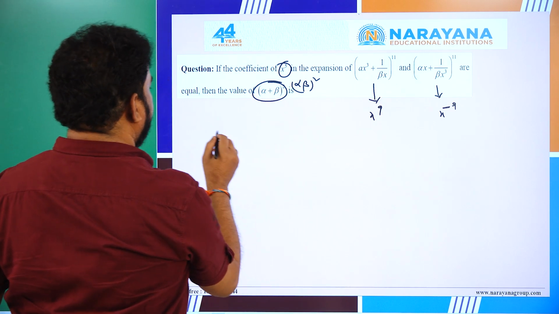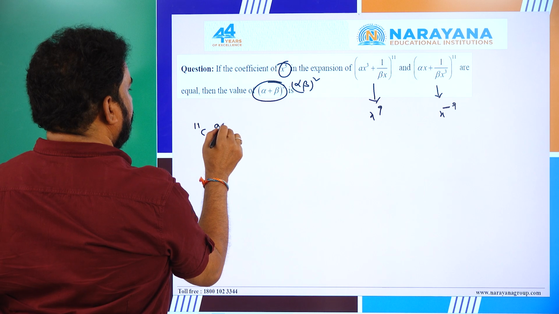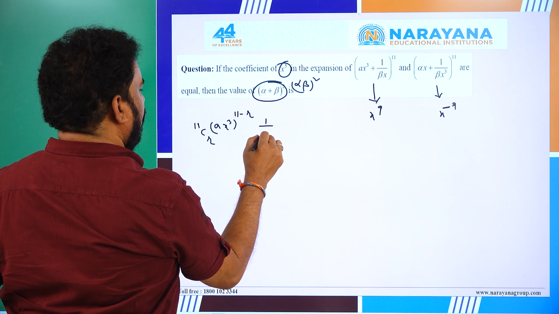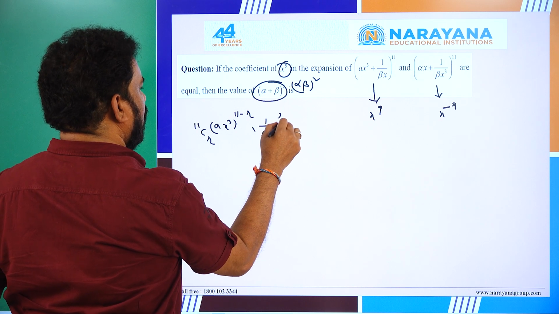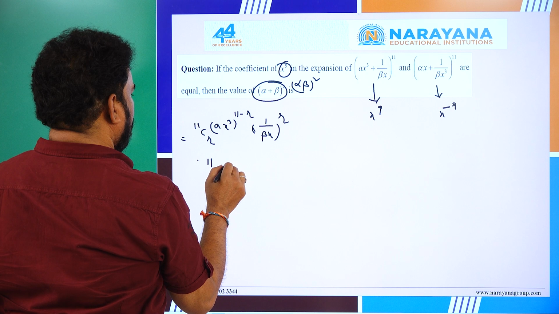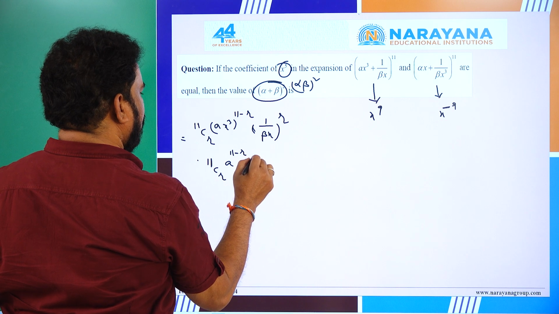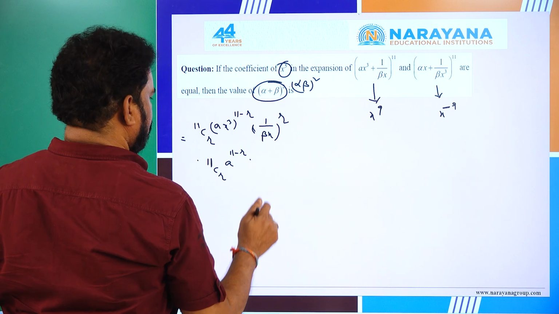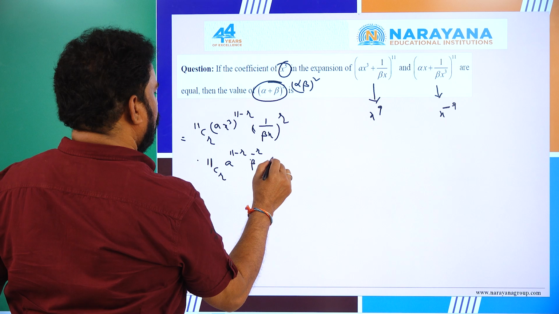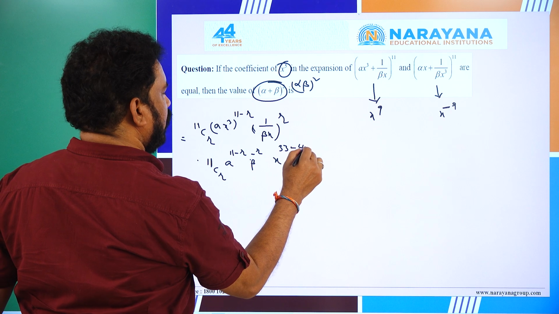What is the general term from the first expansion? 11Cr (a x cube) whole power 11 minus r into (1 by beta x) whole power r. So it is 11Cr a power 11 minus r, beta power minus r, and x power 33 minus 3r minus r, which is 33 minus 4r.